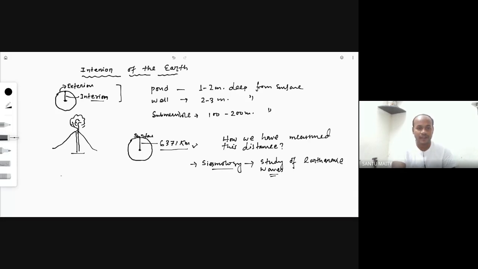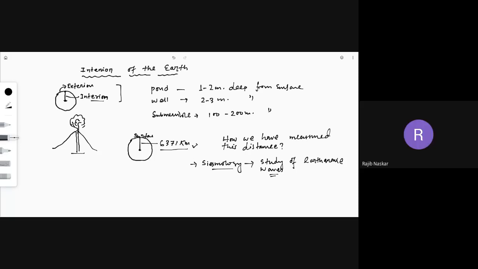What is an earthquake? Do you know what an earthquake is? Earthquake means when our surface gets some vibration. Very good, Rajiv.